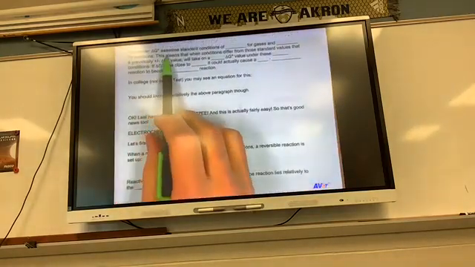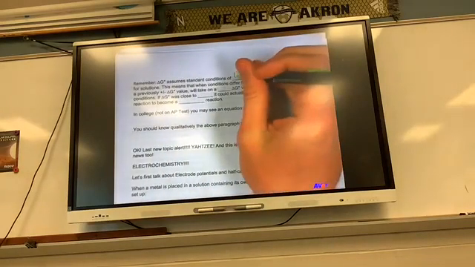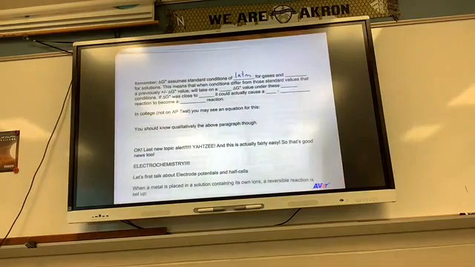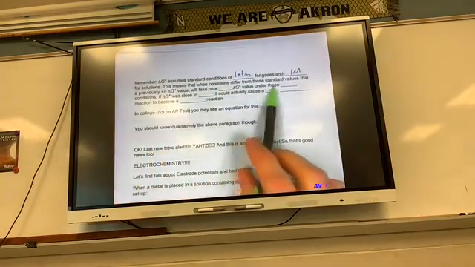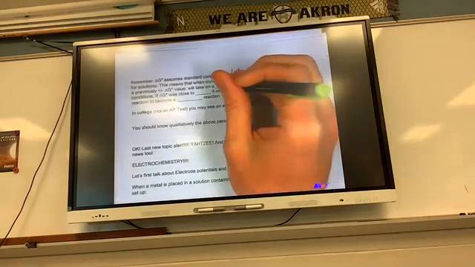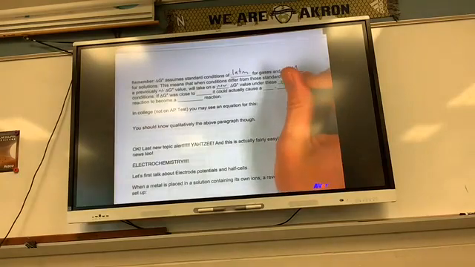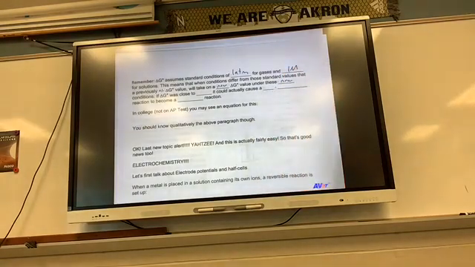Remember, delta G assumes standard conditions of the following: 1 atm for gases and 1 molar for solutions. This means that when conditions differ from those standard values, the previously positive or negative delta G value will take on a new delta G value under these new conditions. Is that like changing the temperature? It's like you're almost shifting it, right?